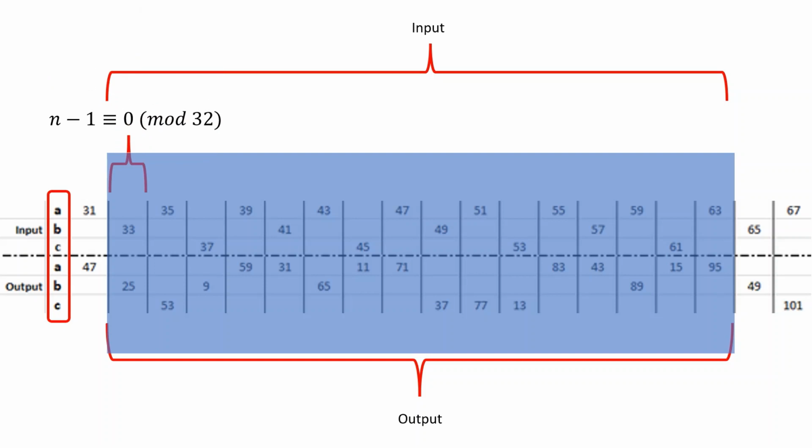Inputs n-1 congruent 0 mod 32 and n-31 congruent 0 mod 32. So you need to understand that this is an infinite series of circuits or gates stacked together, and that the same divisibility rules apply over and over again.